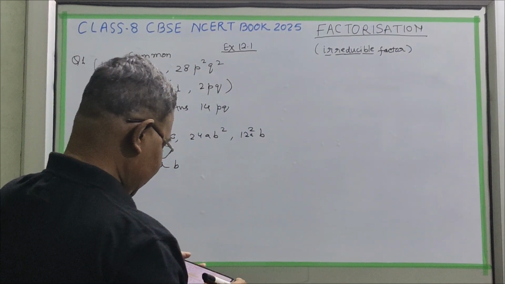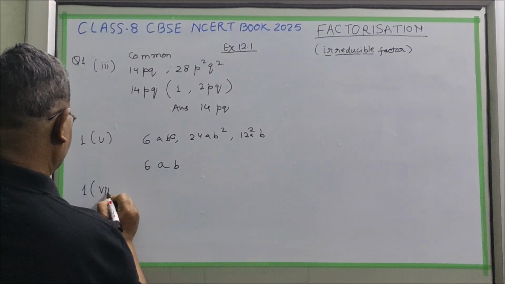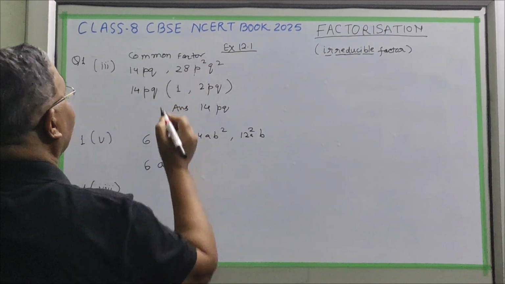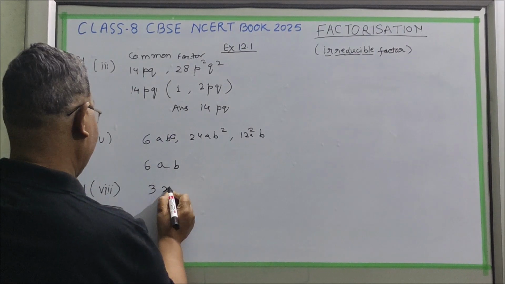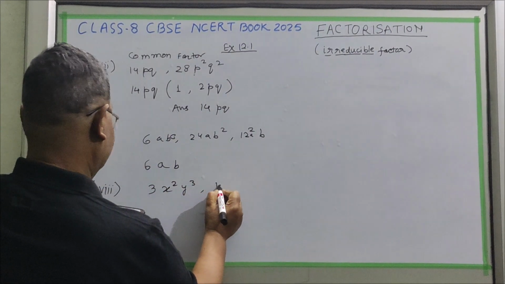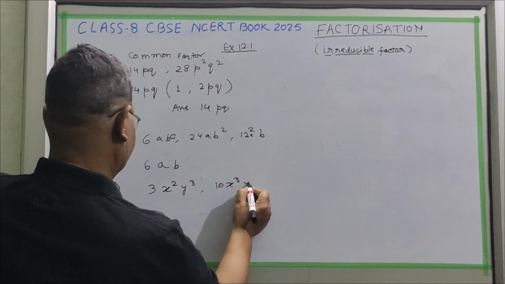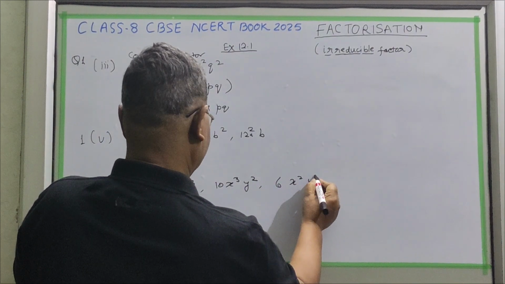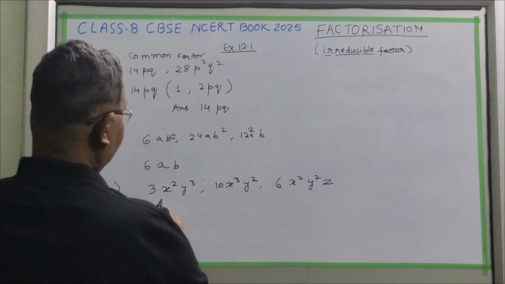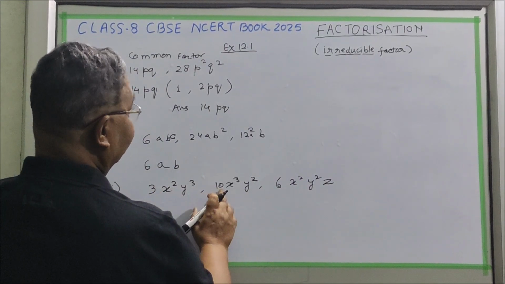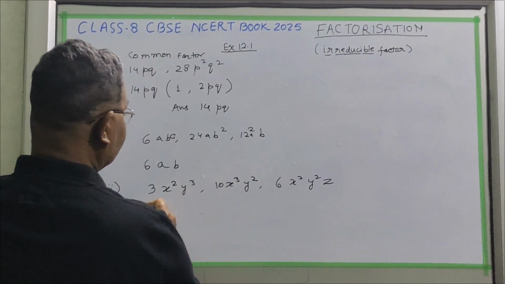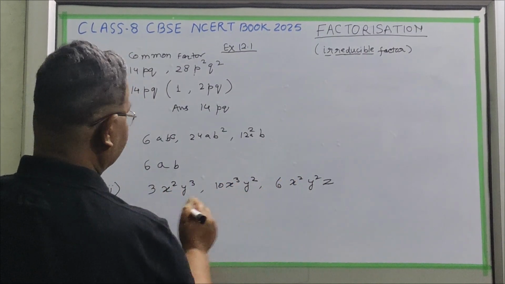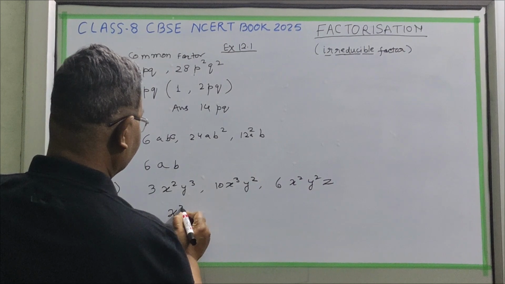Okay. Now question number 1, part 2, 3. You have to find the common factor of 3x square y3, 10x3y2 and 6x2y2z. Here in the numbers, nothing is common: 3, and the factors 5 and 2 are not there in the others. Then x2 is possible in all terms.